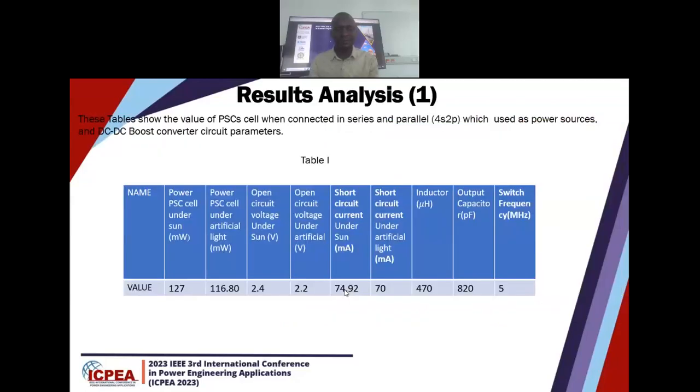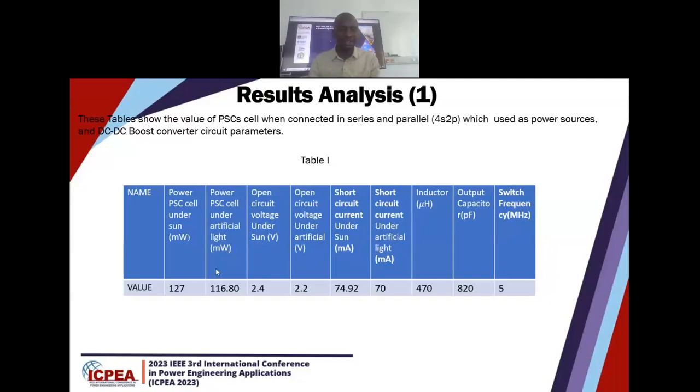As you can see here in Table 1, it shows the values of the PSC cell when it's connected in series and parallel. The purpose of connecting in series and parallel is to increase the voltage and the current, and it was used as a power source. The table also shows the DC-DC boost converter circuit parameters.